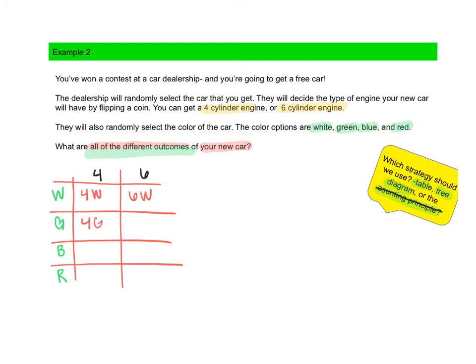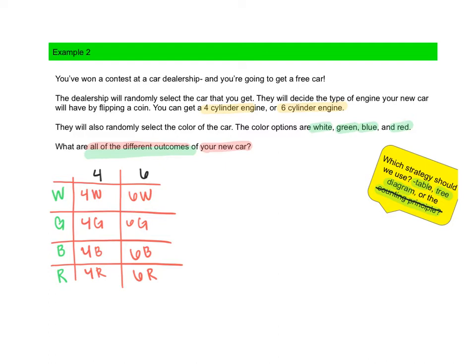You get a 4-cylinder green, or a 6-cylinder green, 4-cylinder blue, or a 6-cylinder blue, and a 4-cylinder red car, or a 6-cylinder red car. Okay, so we have 1, 2, 3, 4, 5, 6, 7, 8 options, and we can see all of those options right there in our table.